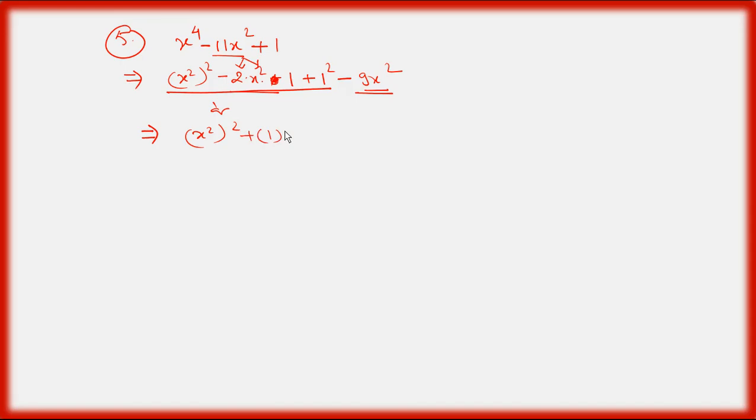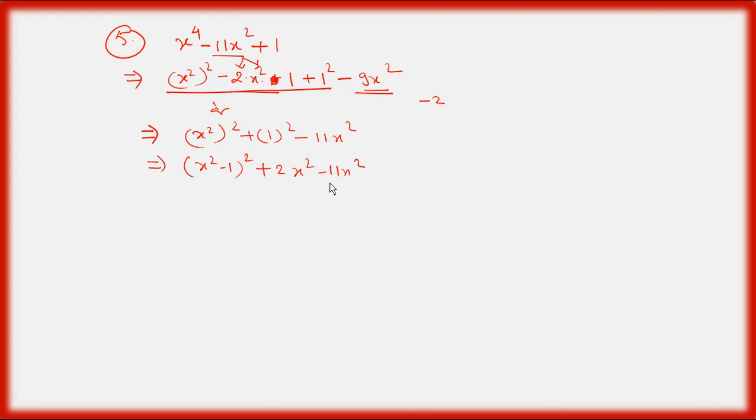I have just given the pattern here. x square whole square plus 1 whole square minus 11x square. So you may have a problem here whether we have to use plus sign or minus sign. If you use plus sign, minus 2 will be there, and minus 11 becomes minus 13. So we should apply negative form, means x square minus 1 whole square plus 2x square and minus 11x square.